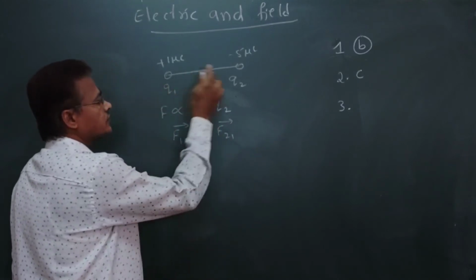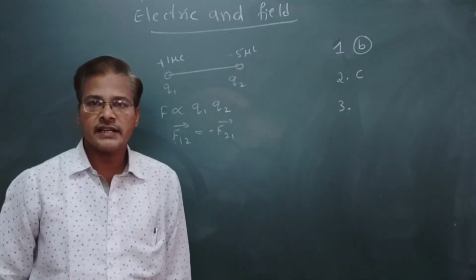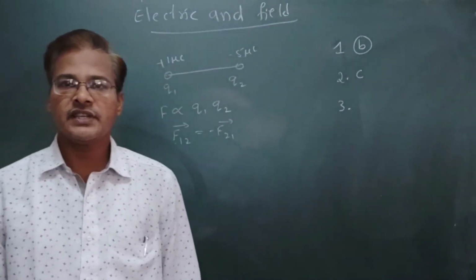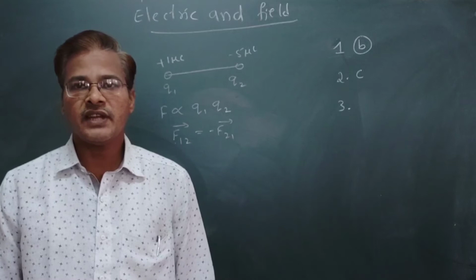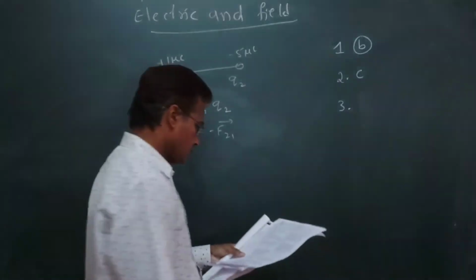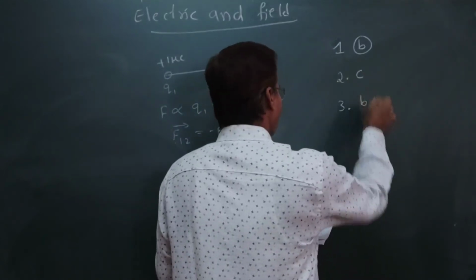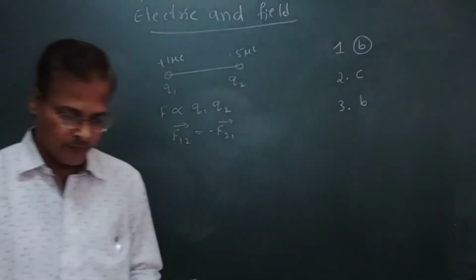The force from the first charge on the second, or the second on the first, is the same. Because of that, the ratio is 1:1. The third answer is option B.